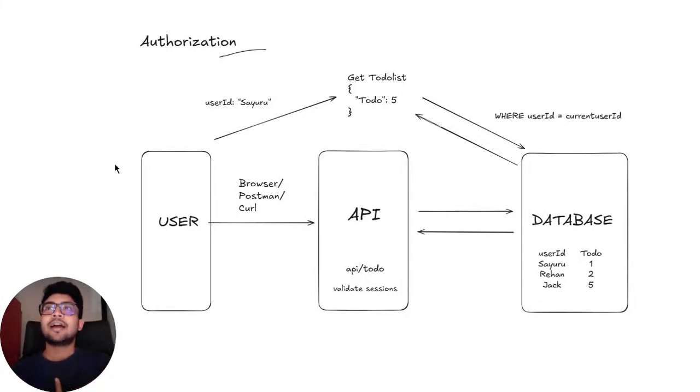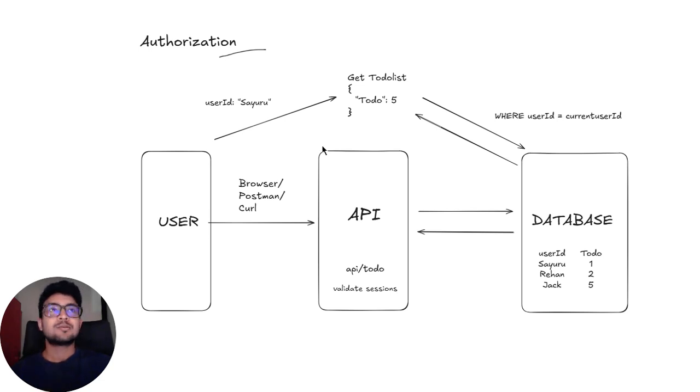To-do list number 5 belongs to Jack. If there is no proper authorization setup, Saru gets in and can easily access to-do list number 5, which is not his, it's Jack's. This is why authorization is important. Without it, your backend might just send that data to him.